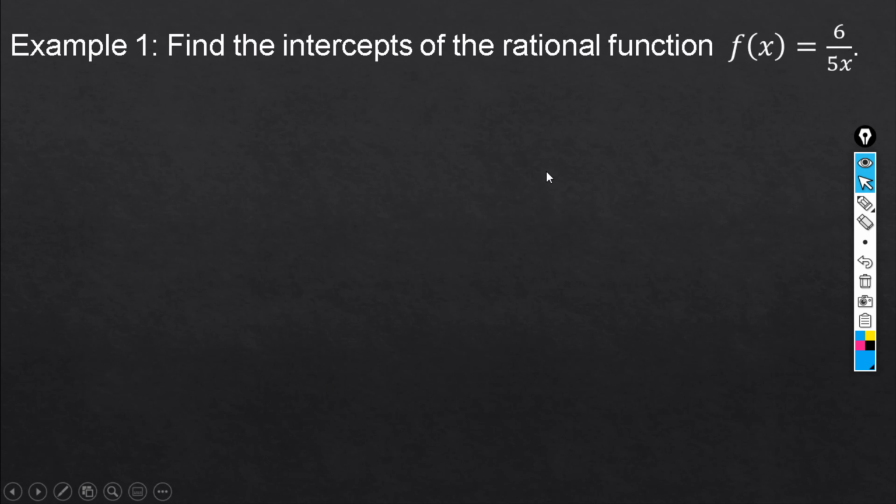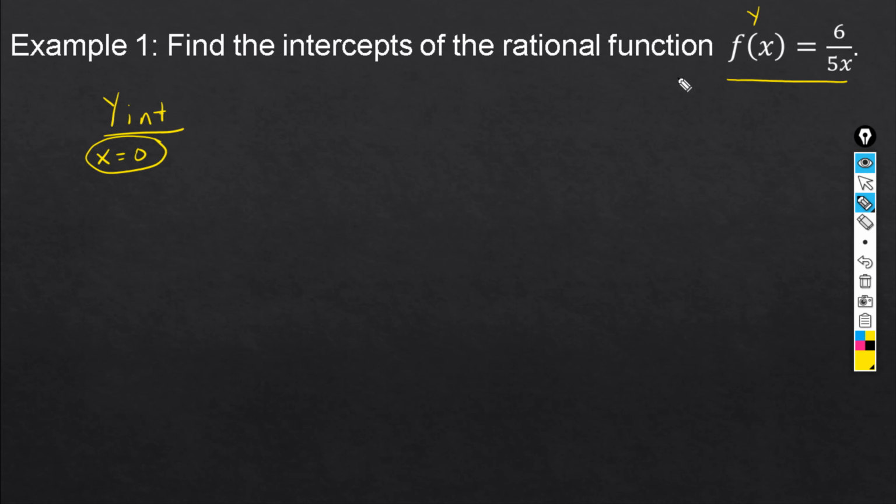So, find the intercepts of rational function f of x equals 6 over 5x. Y-intercept muna. To find the y-intercept, set x to 0. Then, substitute this sa given function. Yung f of x, y rin yan, di ba? So, magiging y equals 6 over 5 times 0.